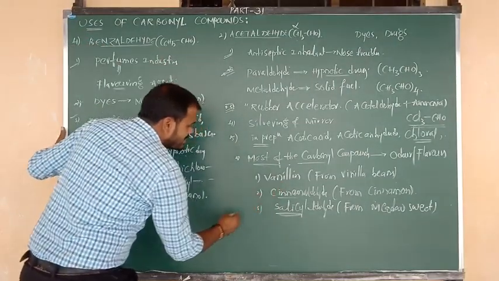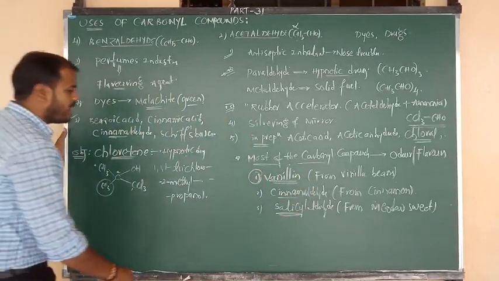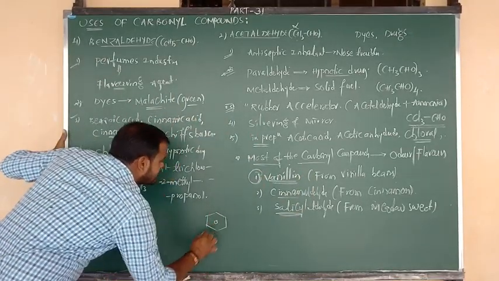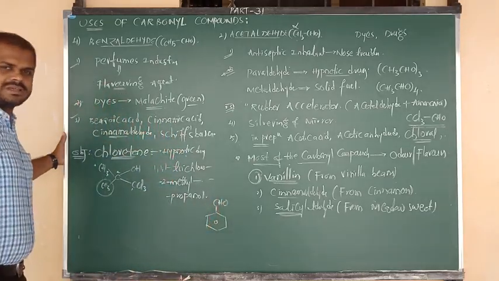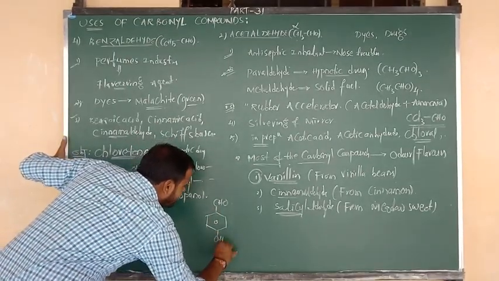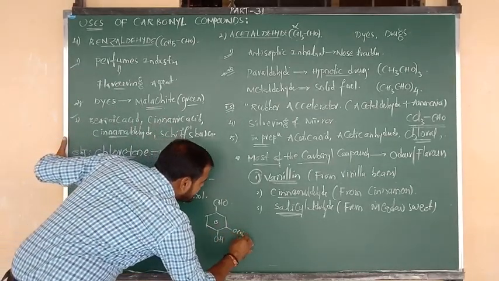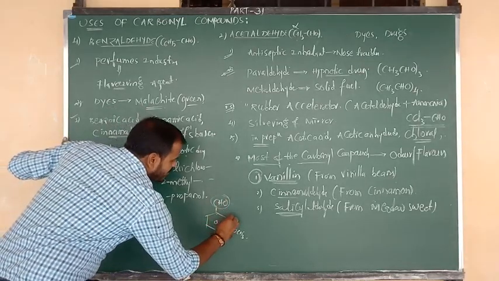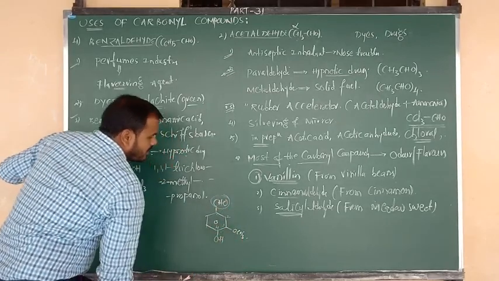One objective question has been repeated from this topic: what is the IUPAC name of vanillin? Consider benzene connected to CHO, so the name is benzaldehyde. At the fourth position, opposite, an OH group is connected, and at the third position there is an OCH3 group. The functional group carbon is 1, next is 2, OCH3 is at 3, and OH is at 4.